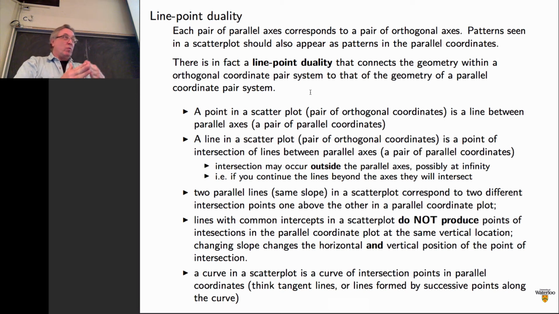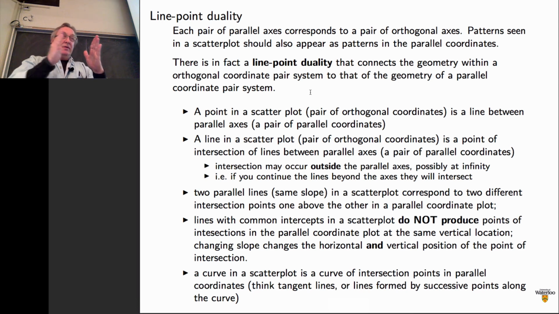And those will either occur between the coordinates, between the axes, or they won't. So if they're between the axes, that's typically with a negative slope. And we'll see a cross between the axes. Crosses above one another, those are parallel lines.